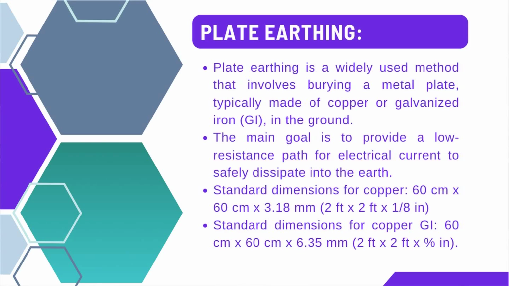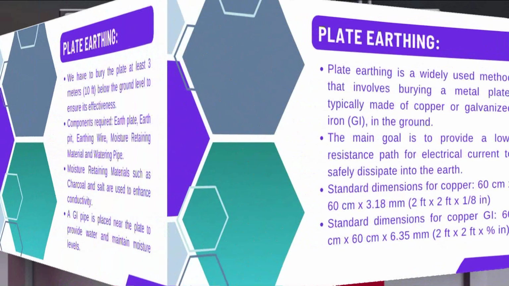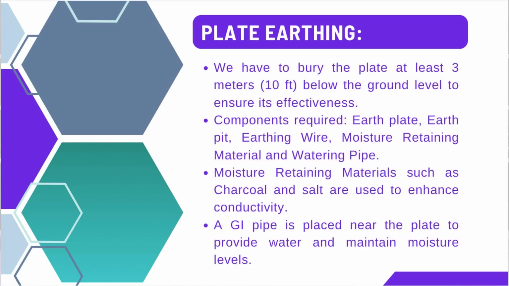It is important to bury the plate at least 3 meters or 20 feet below ground level to ensure its effectiveness. Components required for plate earthing are earth plate, earth pit, earthing wire, moisture retaining material, and watering pipe.